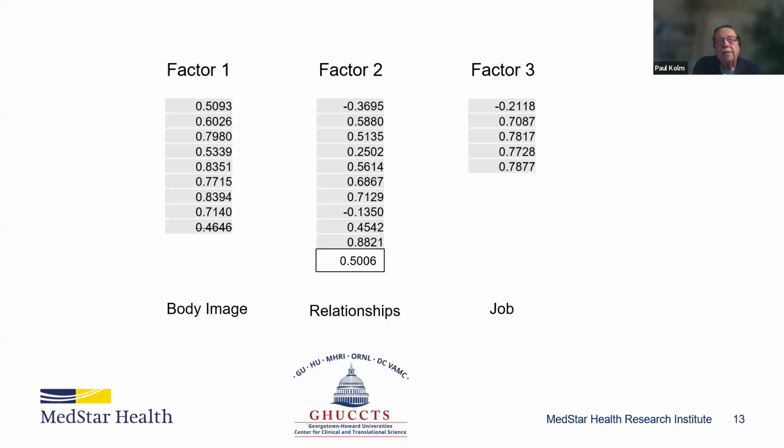So again, that's something that you as the investigator would do. And like I say, you might have a preconceived notion of what the factors that fall out of this should be, but if you don't, then you would have to look at each individual item and see what they might mean when considered together as a factor.